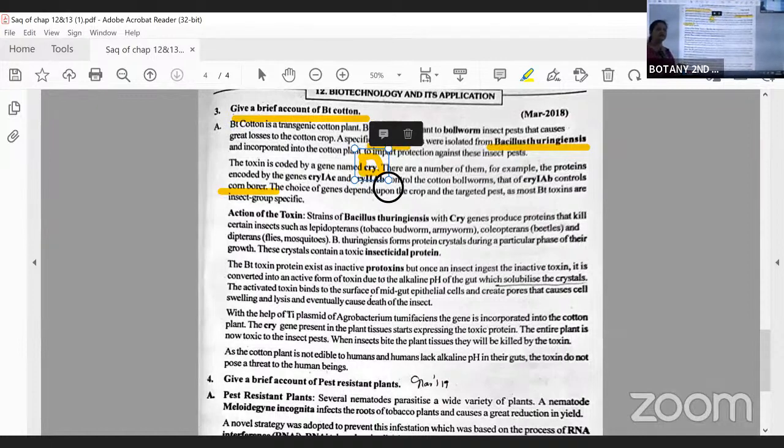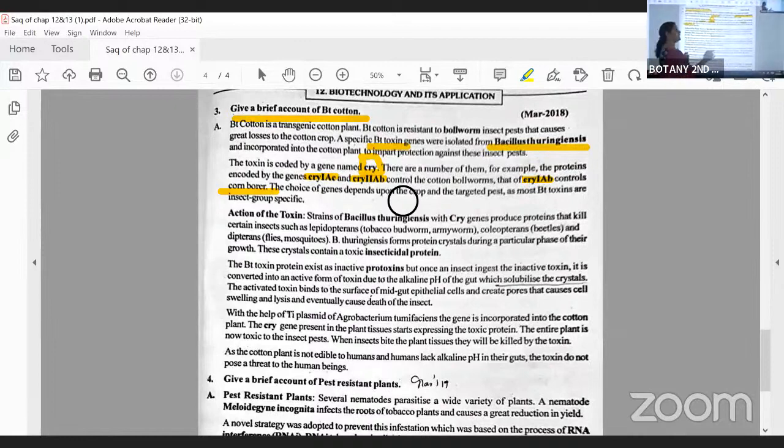Like this, 3 cry genes are present in the Bacillus thuringiensis. Those are cry 1AB, cry 1AC, and cry 2AB. These 3 genes are responsible for controlling the different diseases caused by different organisms in the plant body.